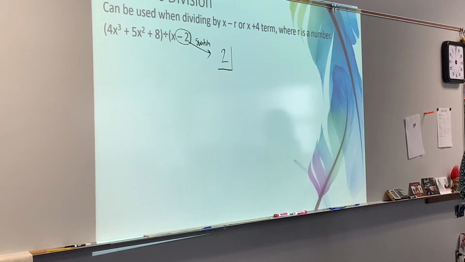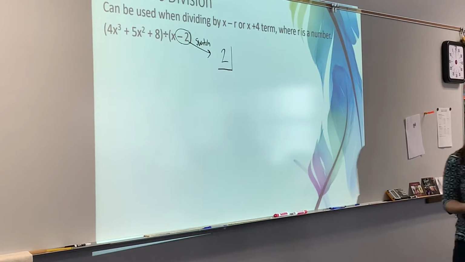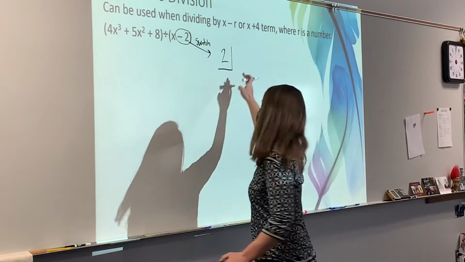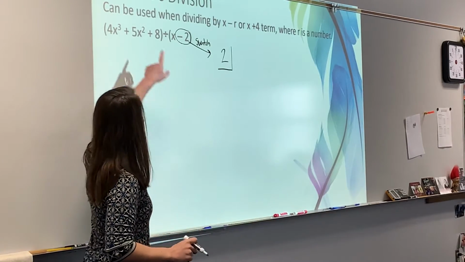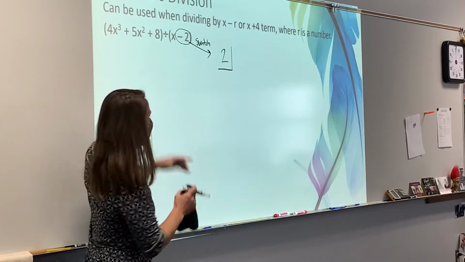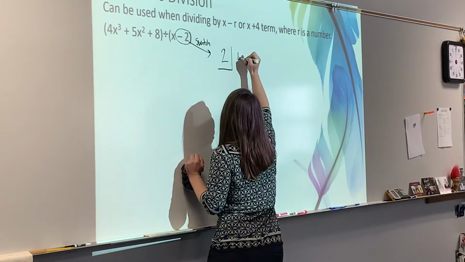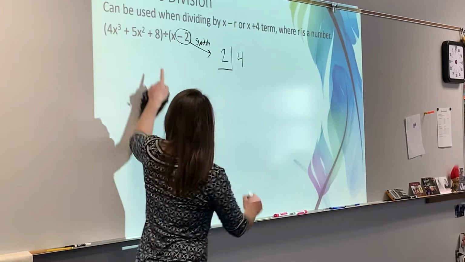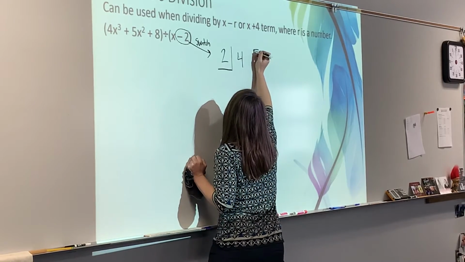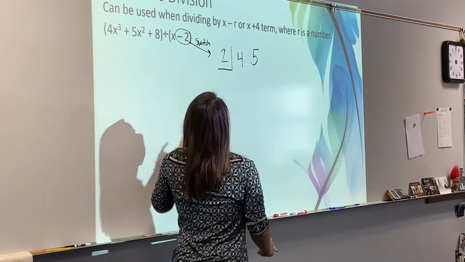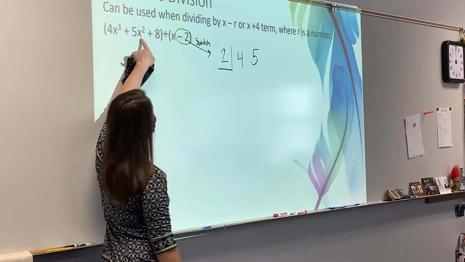Next thing that we're going to do is take the coefficients and write them across. So everyone put your eyes on me for 1 second. There's a 4 here, so I put a 4 here. There's a 5 here, so I put a 5. Notice how this is an x cubed, x squared.